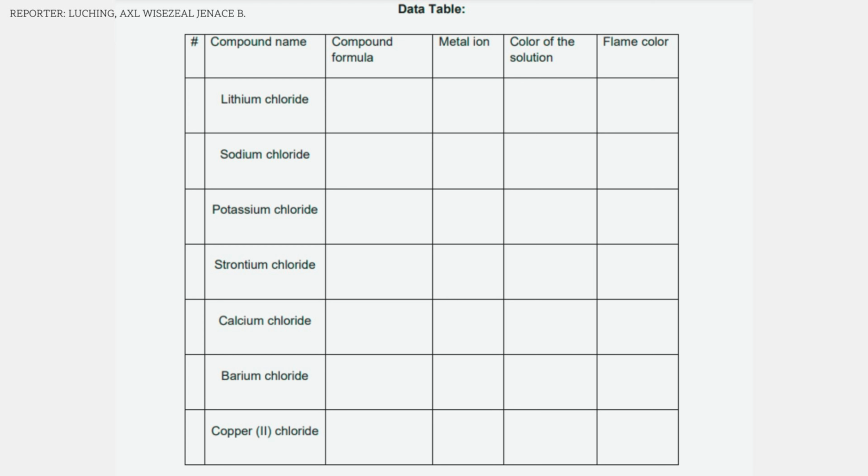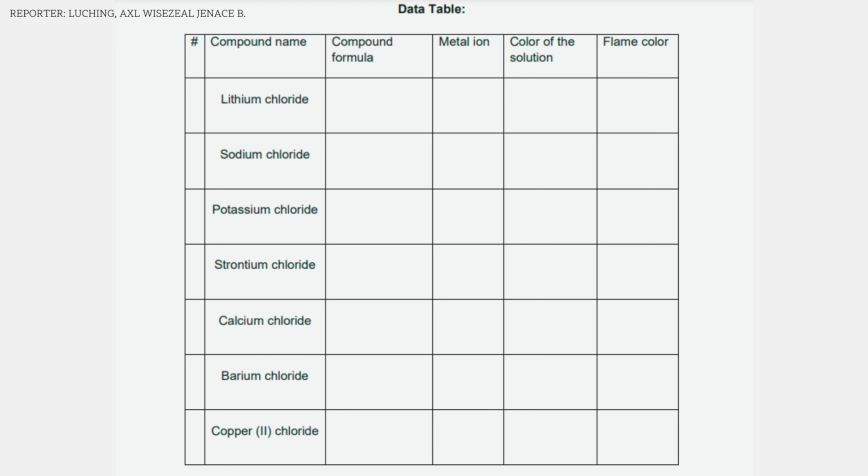Since we already know the different indicators, let us try to answer the first compound. The first compound is lithium chloride. Let us identify the compound formula of lithium chloride. In identifying the compound formula, all you have to do is look for the elements that are present in the compound.